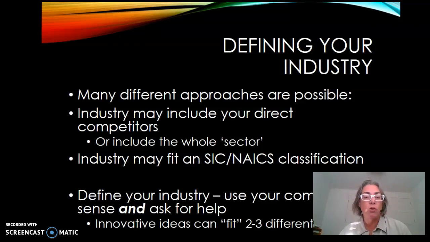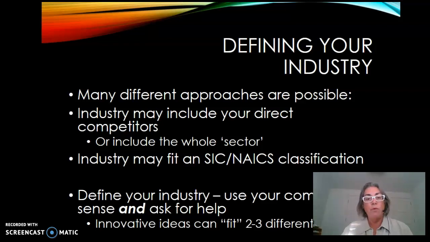So a sector could be like agriculture or tourism or oil and gas, whereas you might want to think about industry as really more focused, like ranching would be a particular industry within agriculture, or food processing would be a specific industry within the agriculture sector.